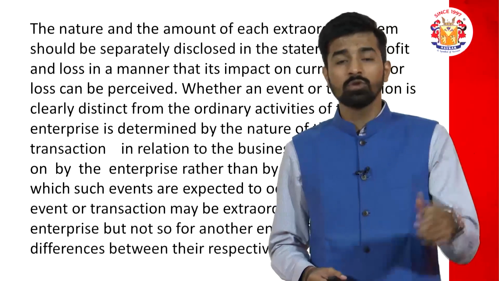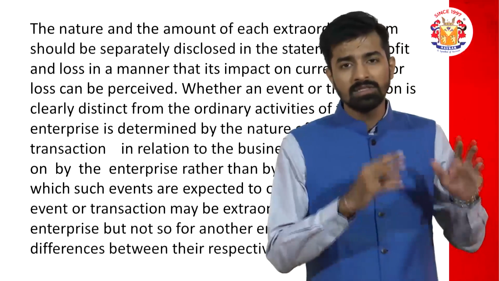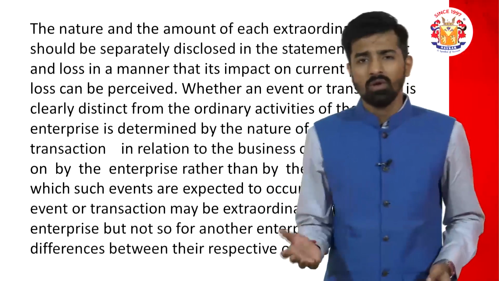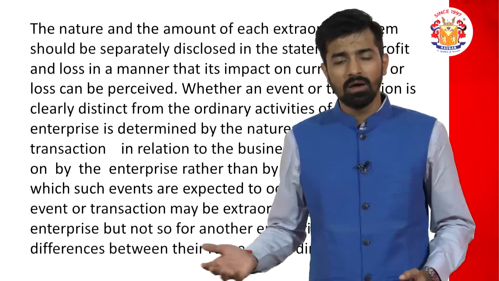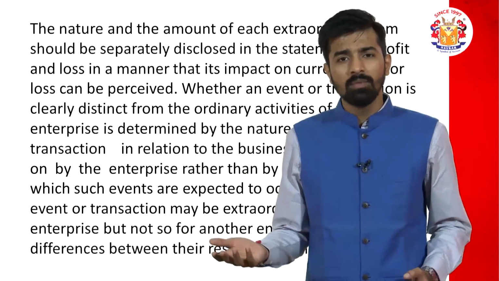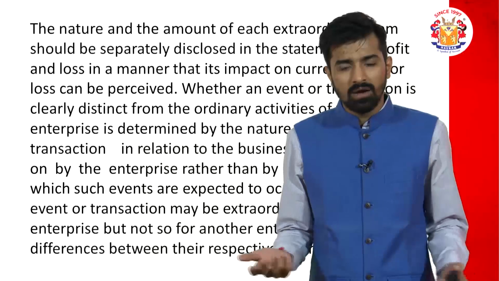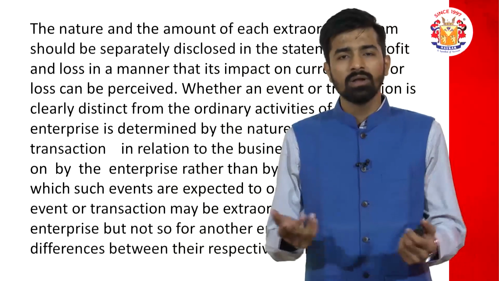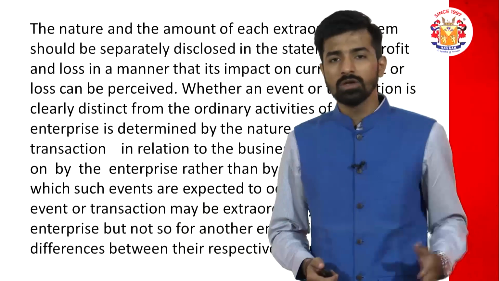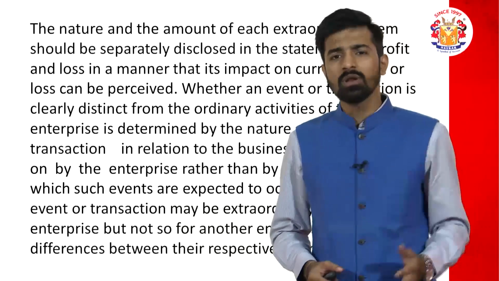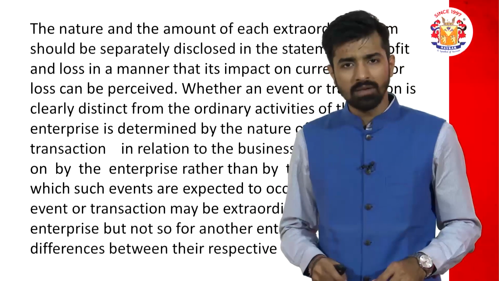But the first thing is it should be clearly distinct, with no relation to ordinary activities. For example, a loss from an earthquake. It is not an ordinary activity. No enterprise would have thought about getting a loss from an earthquake and been ready for it. An earthquake is a natural calamity. So it is not part of your ordinary activities; it is clearly distinct.